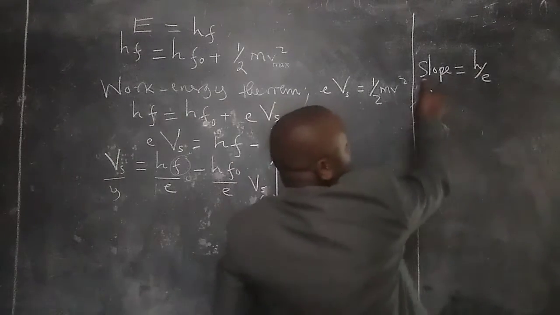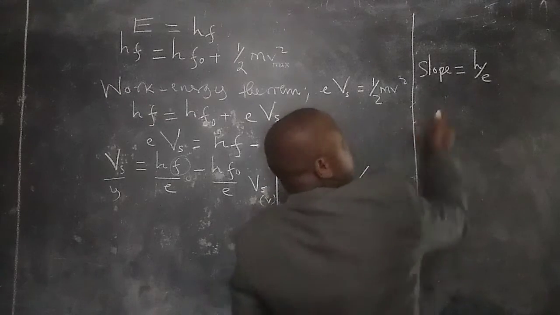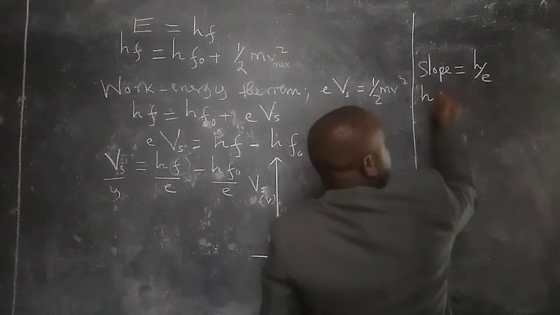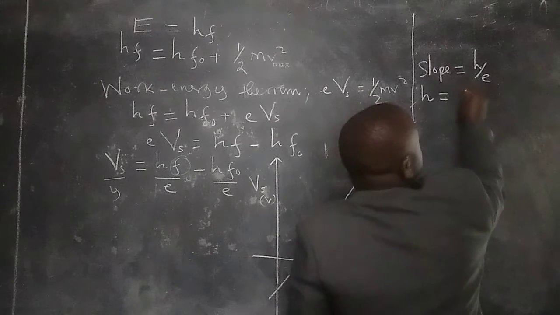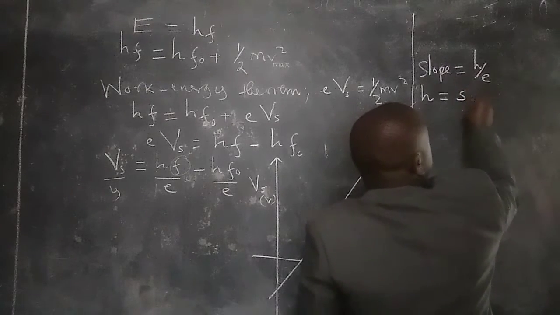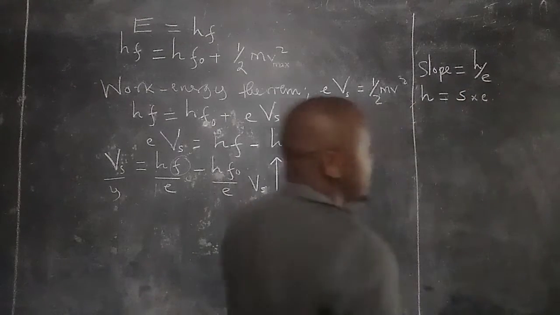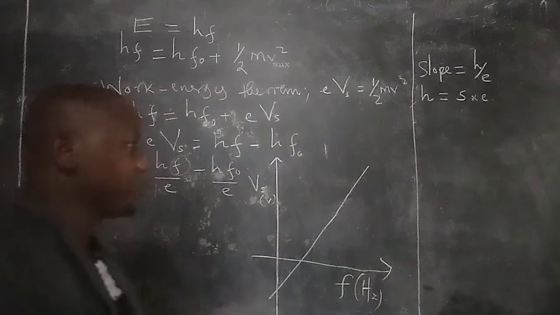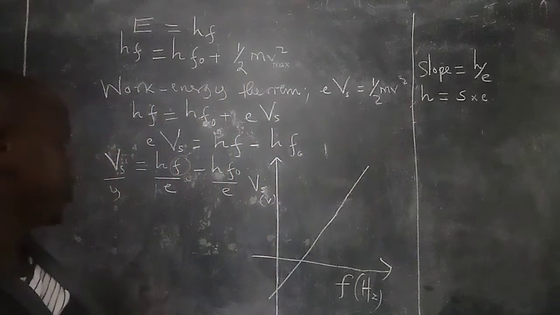Therefore, because slope can be obtained from the graph, Planck's constant will be given by slope times e. And e is a constant which will be provided in the question.